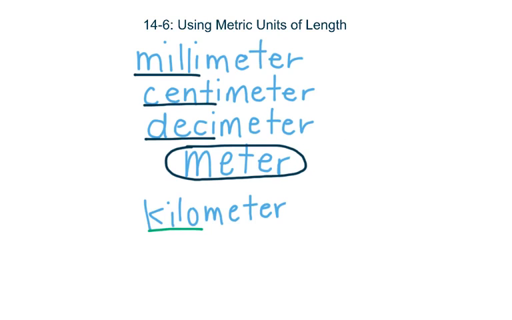So an appropriate unit for a house would be a meter. Let's try another one. How about the length of a cat? The length of a cat would probably be most appropriately measured in a centimeter. Perhaps a decimeter depending on how big it is, but a centimeter would often be the most appropriate unit.